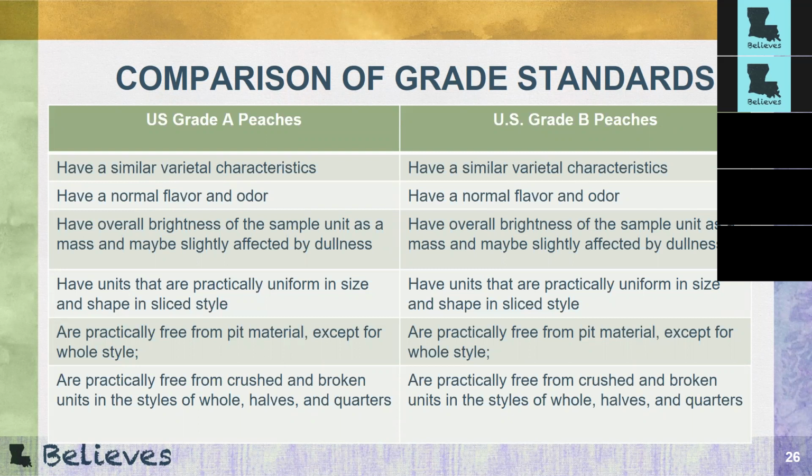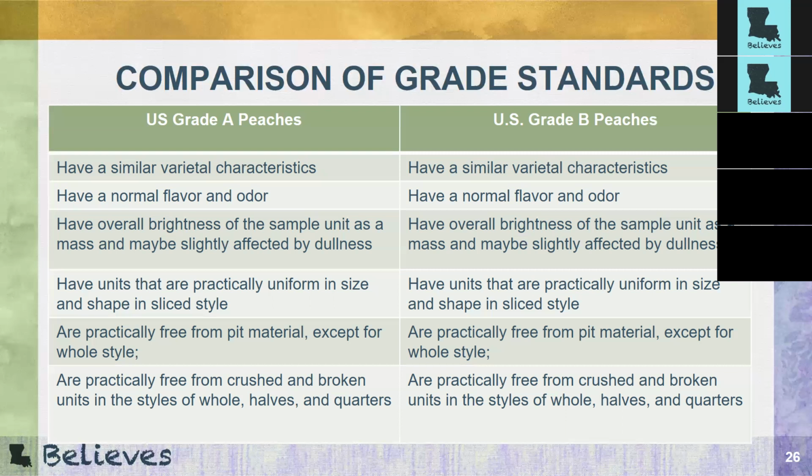I looked at another section of the AMS website and found that the definition of grade A peaches includes that they must be practically free from defects and reasonably good color, reasonably uniform in size and symmetry.